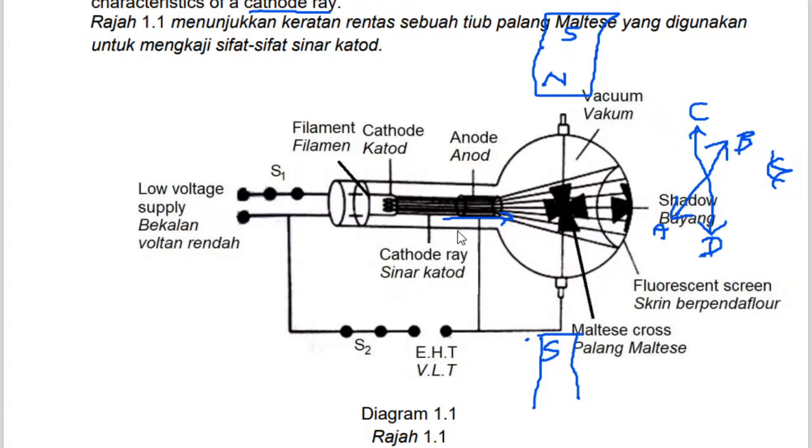So current will be opposite to the direction of the electron. So current will be this direction. This is current. So try to shift your hand, with your pointer still pointing downward. Your center finger now is following current. So do you see that your thumb is following A? So the answer is A.